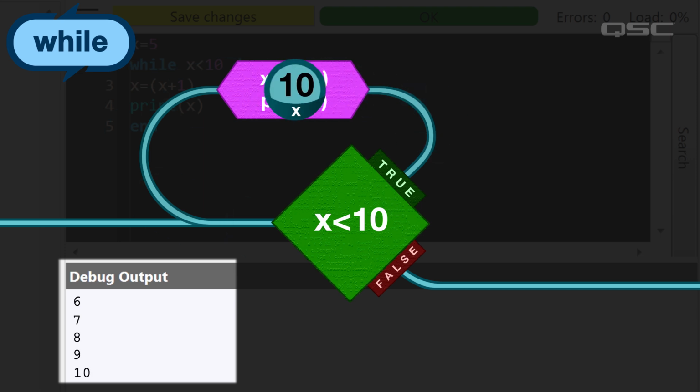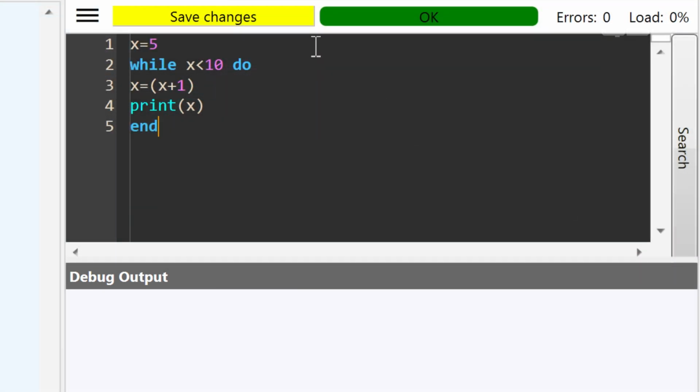Now when it reaches the conditional statement, it does not qualify as being less than 10 anymore, so the do code is not performed and the loop is over. We can validate this by running our script, and we can see that our debug window prints x at the end of each loop and then stops. Now, to our eye, it appears that this all happens instantaneously rather than sequentially, but rest assured, the computer is doing one loop after the other.